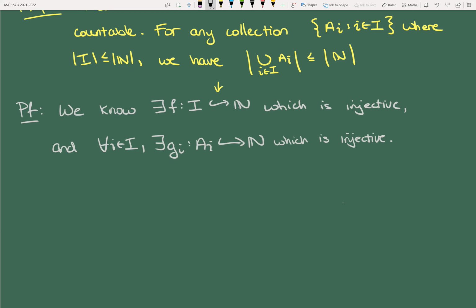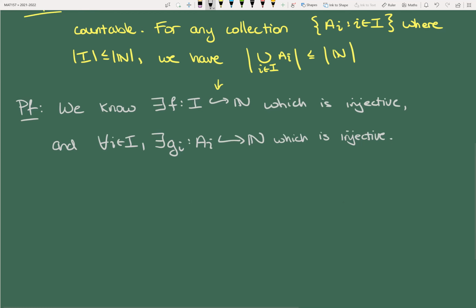And then the g sub i's, I said that each of the A sub i's was countable. So g sub i is the injection which proves that A sub i is countable, right? And so it has to be indexed by i as well, because that injection is going to change for each of my sets, right? A sub 1, A sub 2, A sub 3, they each need different injections. So we have one for each of them.